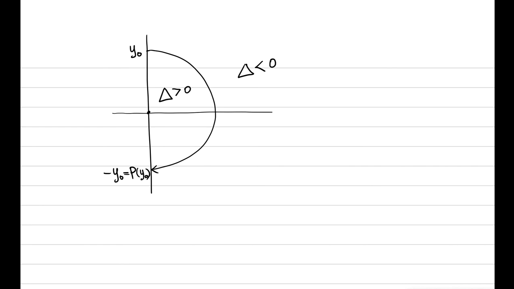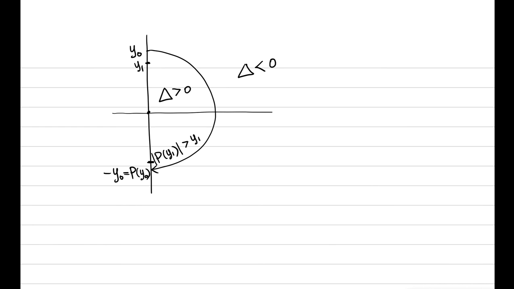What was delta? Delta was the change of the value w. w was the distance from the origin, which means in the region where delta is positive, if you start from some value y1, then when it reaches the other point, P of y1, it will be farther from the origin. So the absolute value will be greater than y1.